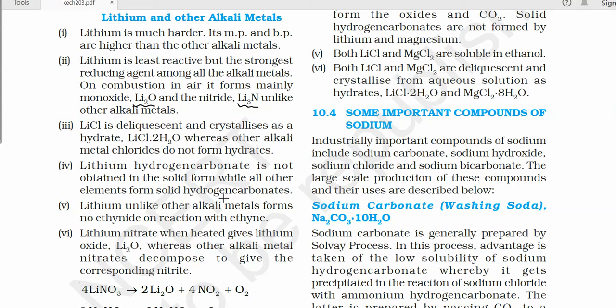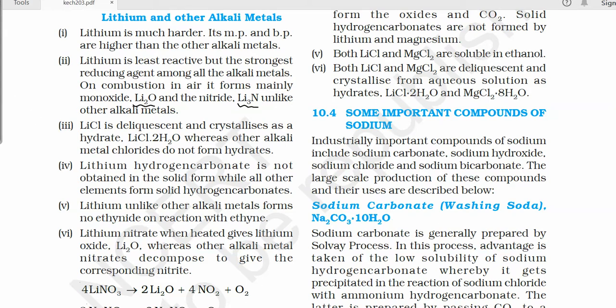Lithium hydrogen carbonate is not obtained in the solid form, while others are obtained as solid hydrogen carbonates. Lithium, unlike other alkali metals, forms no ethynide on reaction with ethyne. Lithium nitrate when heated gives lithium oxide, whereas other alkali metal nitrates decompose to give the corresponding nitrites. 4LiNO3 gives 2Li2O plus 4NO2 plus O2 gas.